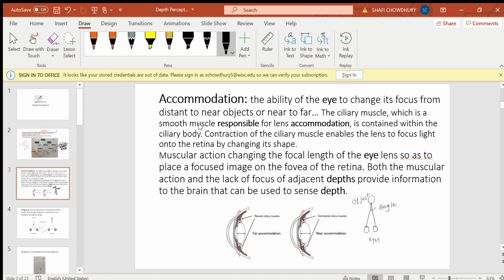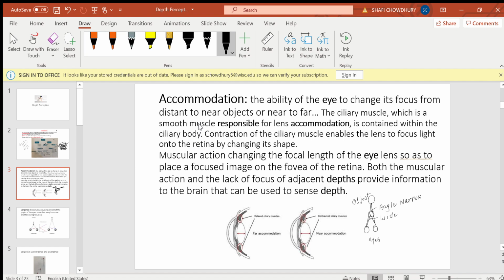Now, if you bring the object closer, then the angle is more, right? Wider. Here, this angle is wider. Wide angle here, narrow there, right?